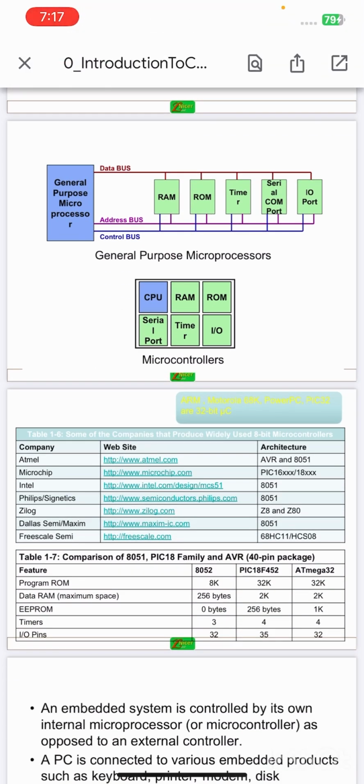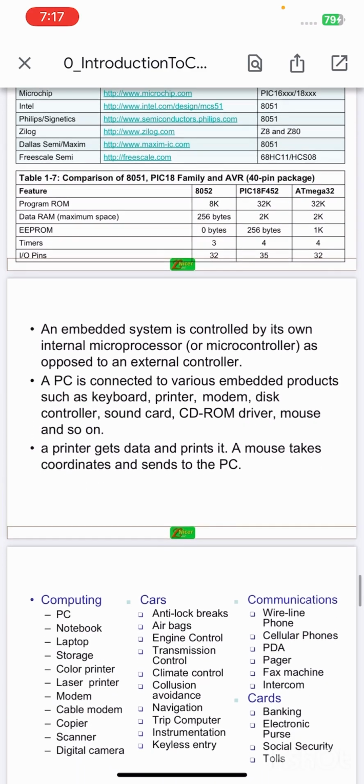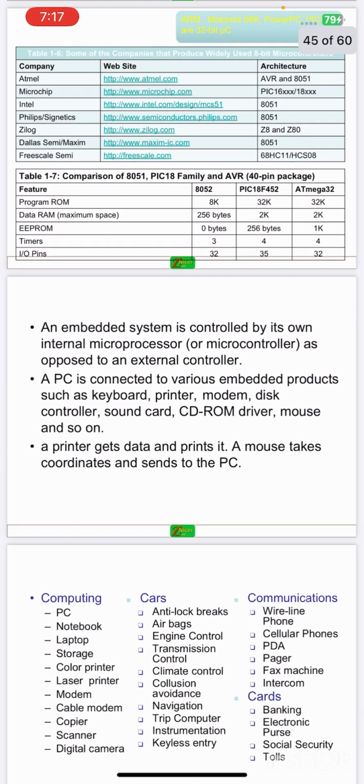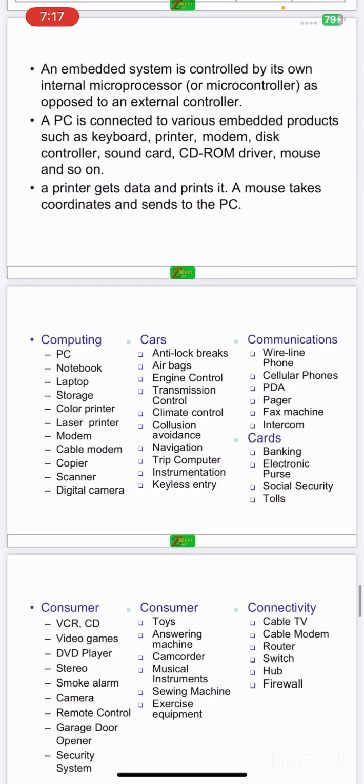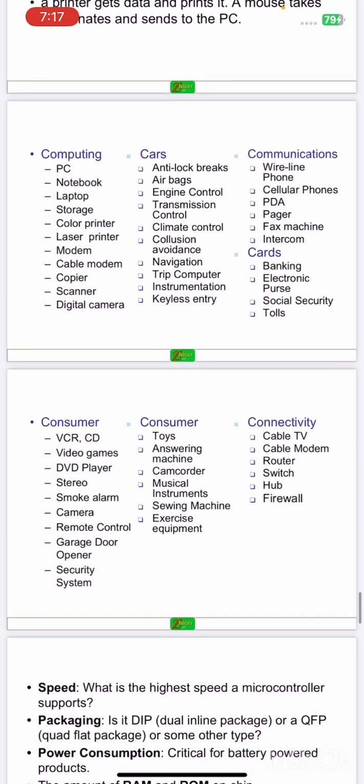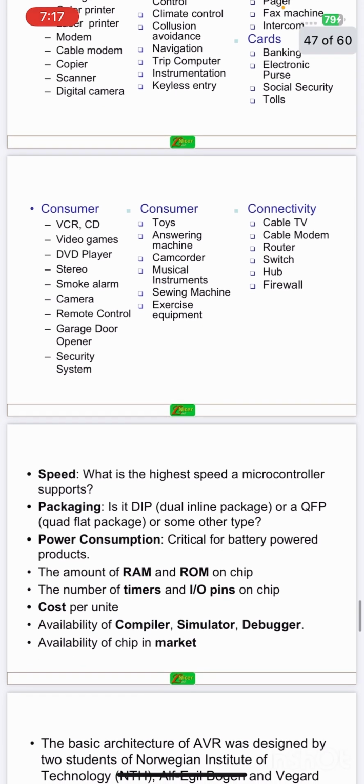And these are some of the sites and resources that will help you gain knowledge about microcontrollers and processors. Now what is speed? We know that the speed of the microcontroller is higher.